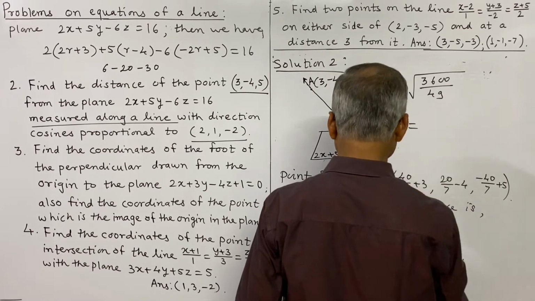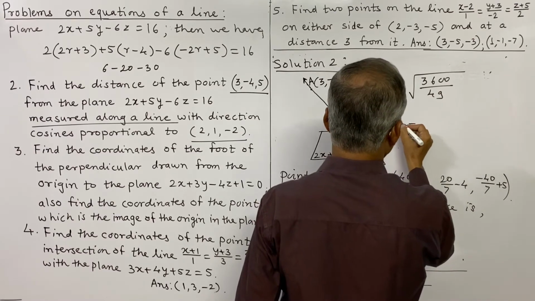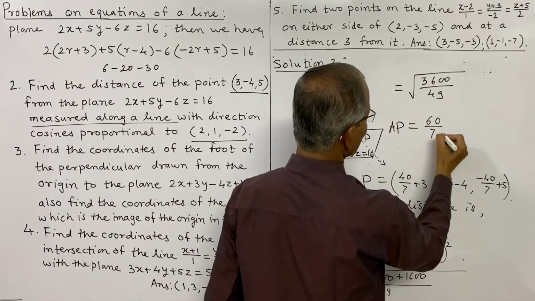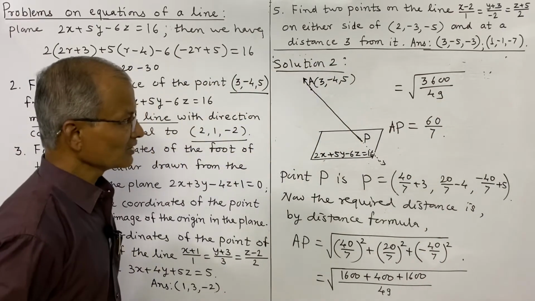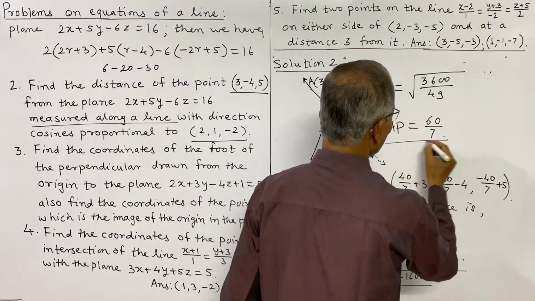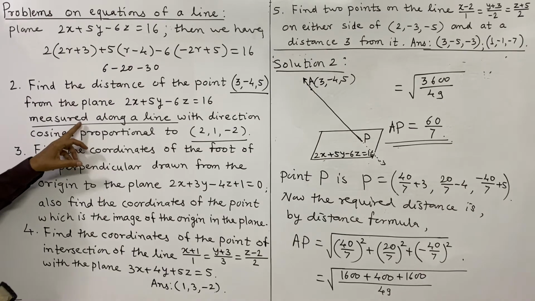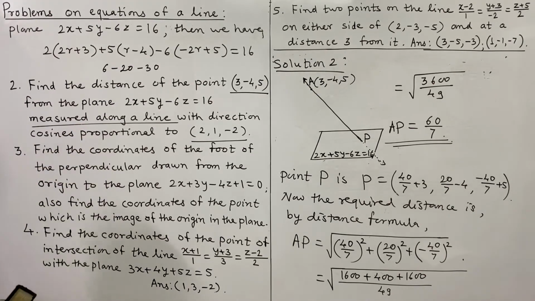And what is the square root of this? We know 60 divided by 7. So this is the required answer. AP, the distance along this line, is 60 by 7.